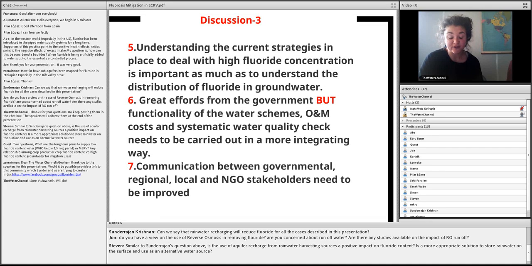There are great efforts being made by the government to supply fluoride-free water, with water schemes and the Nalgonda methods, but this also needs to be carried out in a more integrative way. The last one is that communication between all the stakeholders involved in the fluoride mitigation program needs to be improved.